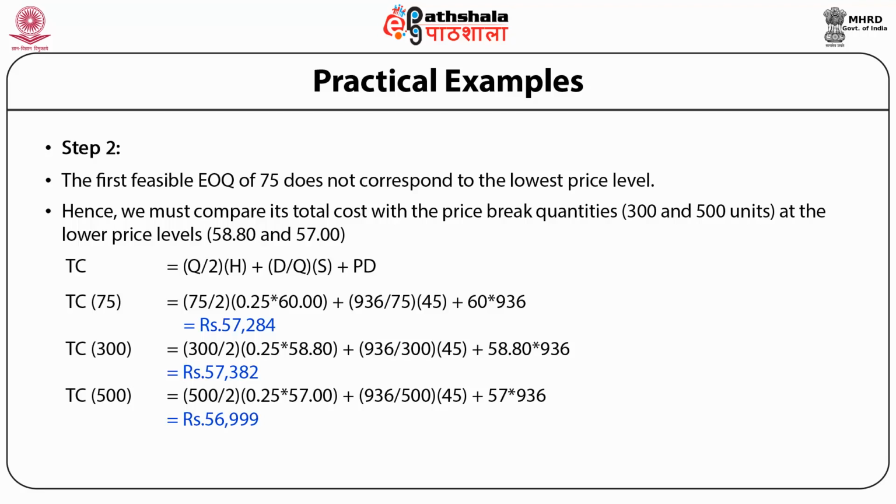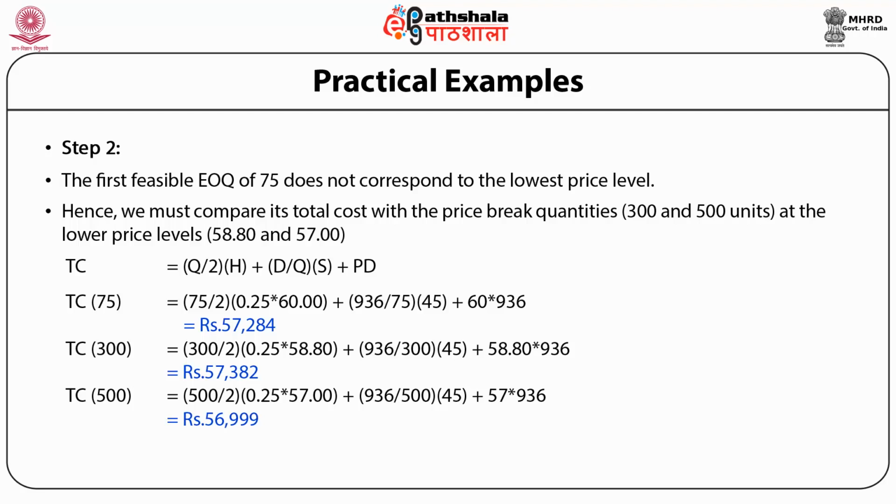57,284. Total cost at 300 equals 300 upon 2 into 0.25 into 58.80 plus 936 upon 300 into 45 plus 58.80 into 936 equals rupees 57,382.